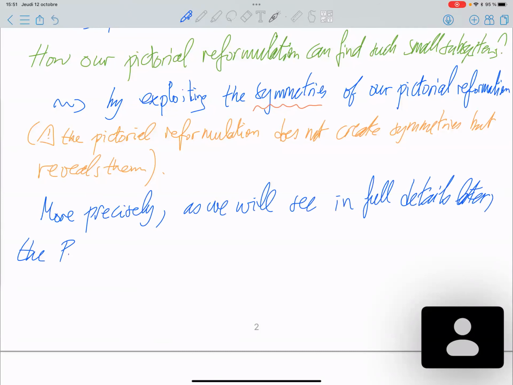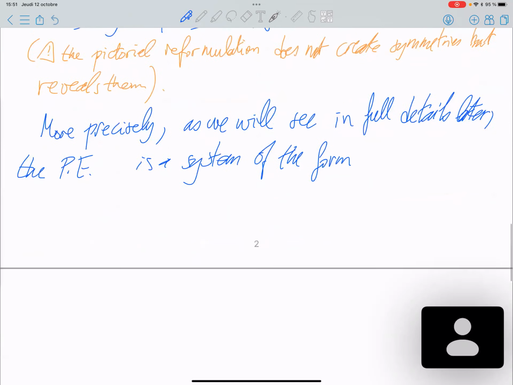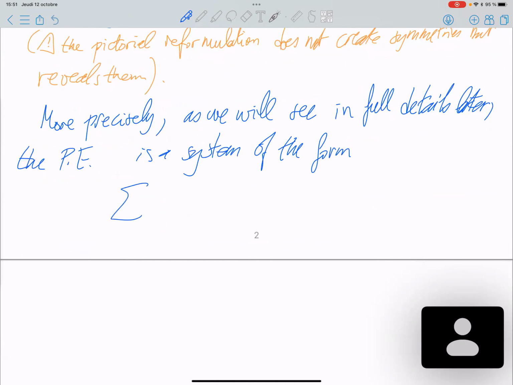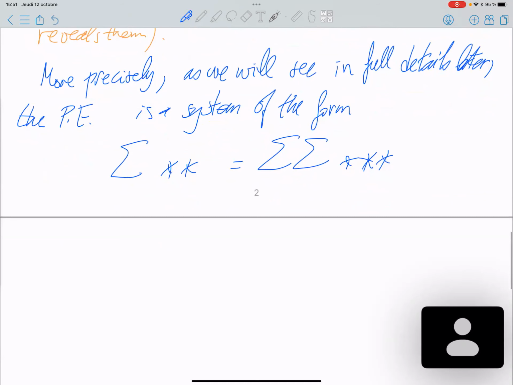The system of Pentagon equation, so PE, is a system of the form like that. So I will explain the notation. Equal sum star star star, where each star represents a variable. So they are not the same variable.